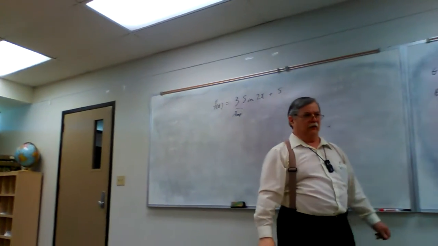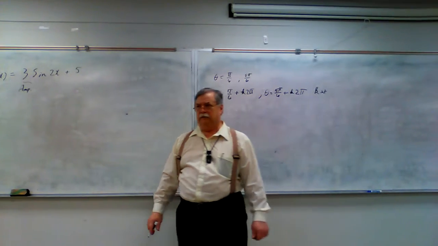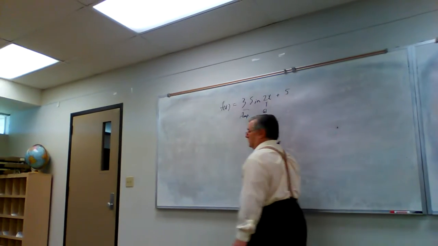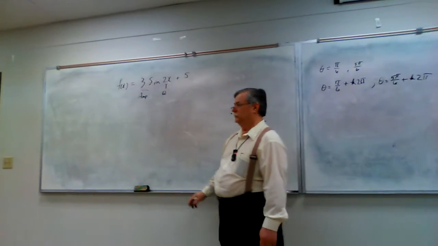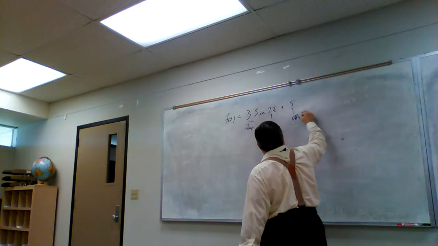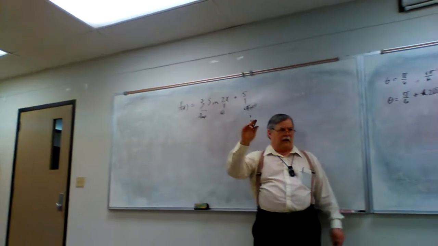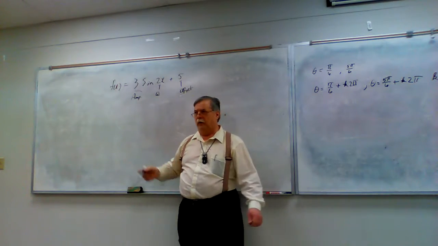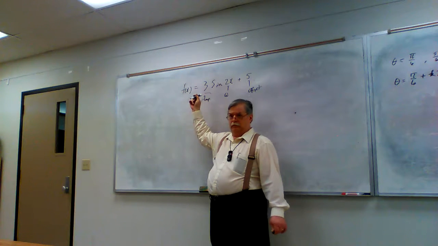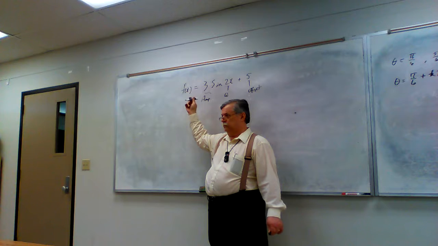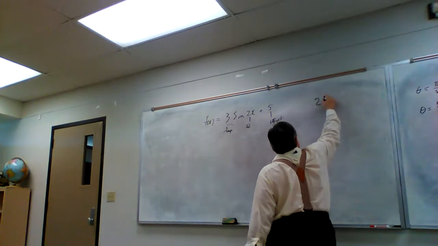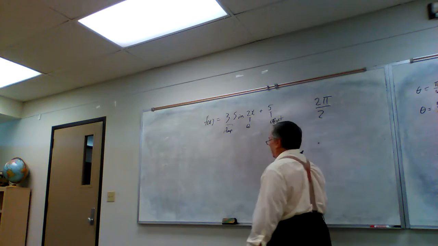What's the angular frequency? Omega. 2. And the offset? Now, trick question. Everybody pay attention. What is the period of this function? Pi. It would be 2 pi over 2.